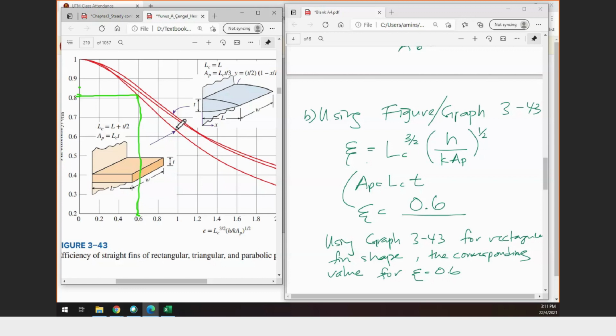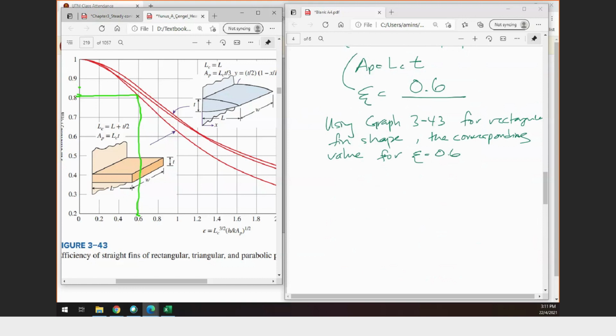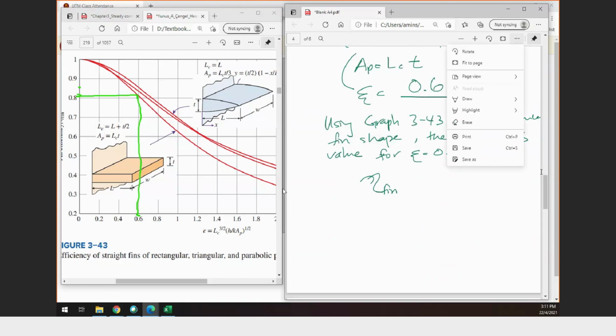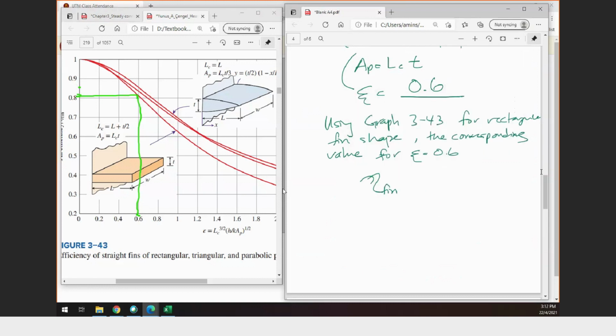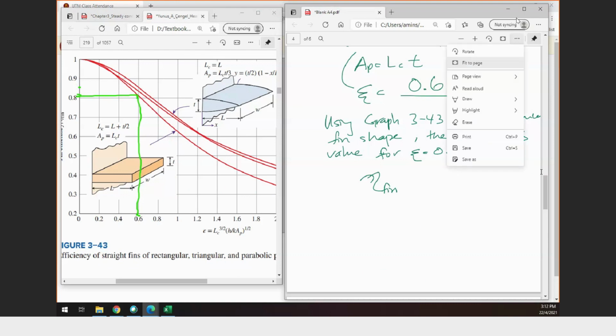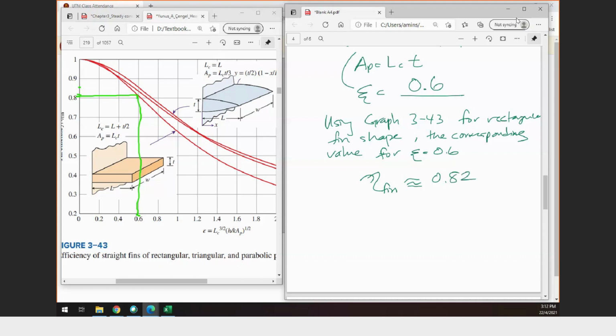Okay, so the value of efficiency here is approximately 0.82, or 82%.